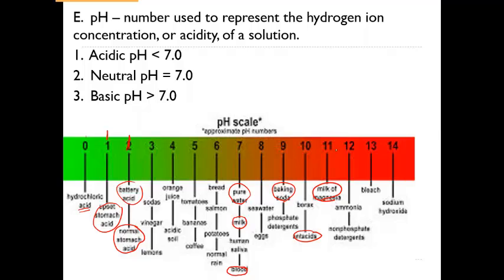Those are very basic, kind of high in the 10s and 11s to combat the really low numbers on the acid side. Bleach, if you ever use bleach on your clothes or anything like that. A lot of detergents, we said soaps and household cleaners, so ammonia, detergents, those are all going to be very, very basic substances. So that's just a little bit about the pH scale and about acids and bases.